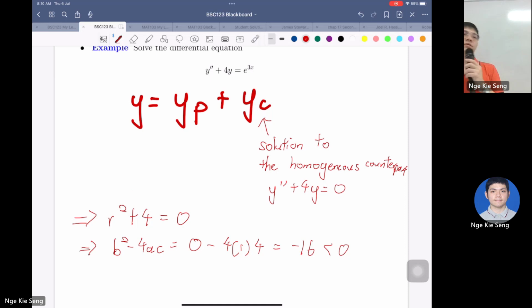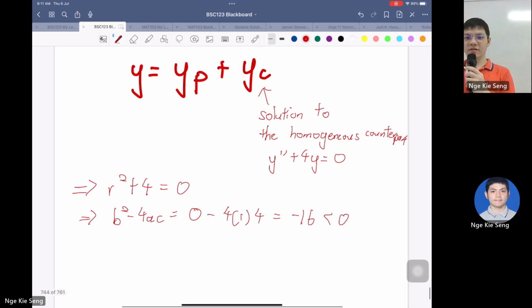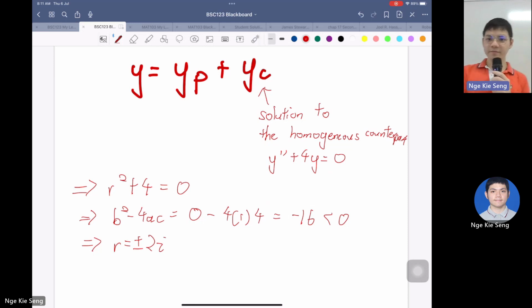So b squared minus 4ac is less than 0, so this one is complex. Do you know what the complex roots are here? Plus minus 2i. Oh, very good. Calculate faster than MIT. So r equals plus minus 2i.